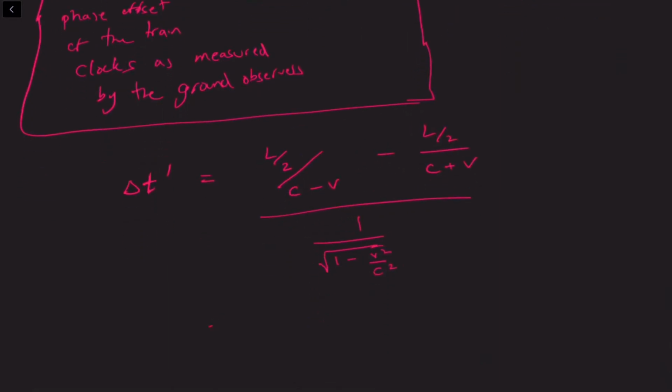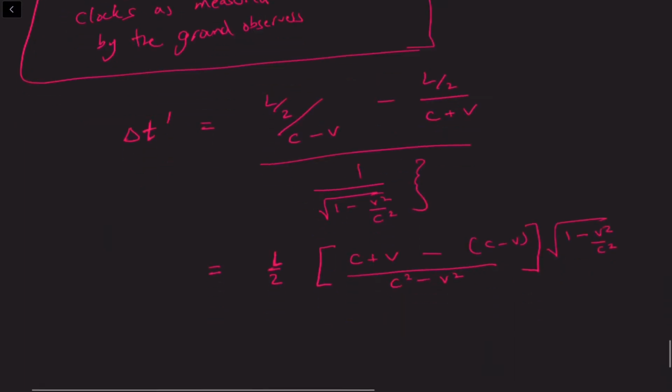And so we can write this as now L over 2 times c plus v minus c minus v over c square minus v square. And since this is divided by a fraction, we can write this as 1 minus v square over c square.